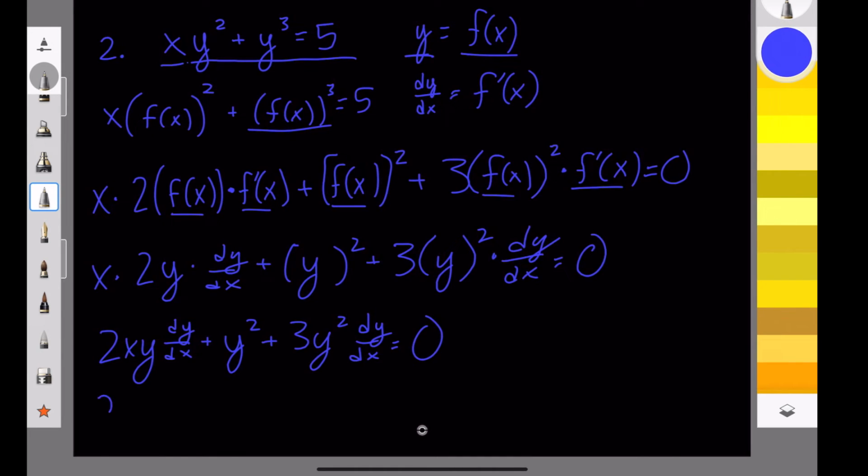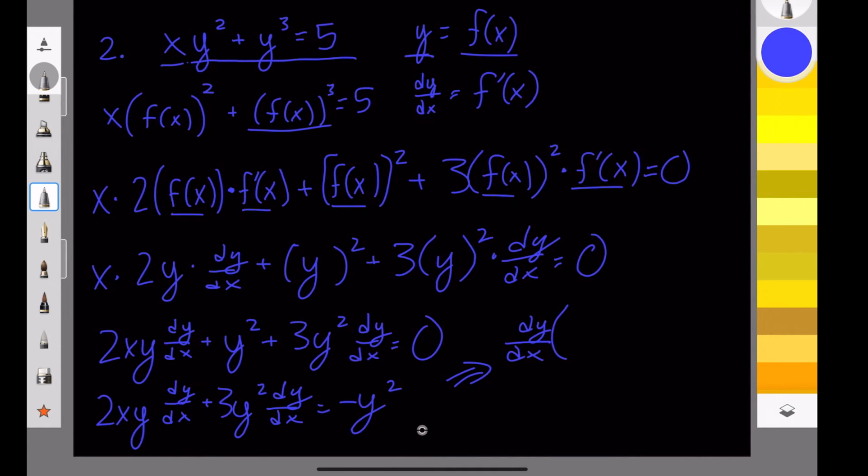Okay, so I'm gonna keep my dy dx's on one side, and then, running out of space, but you factor out your dy dx, 2xy plus 3y squared is equal to negative y squared, and then you can divide both sides by this to finally give us our isolated dy dx.